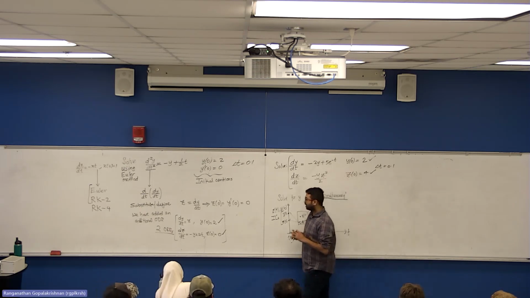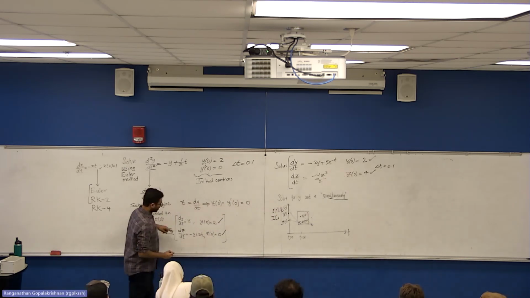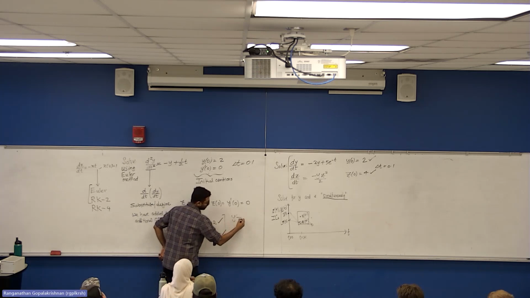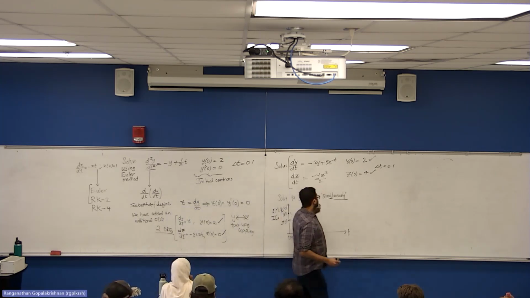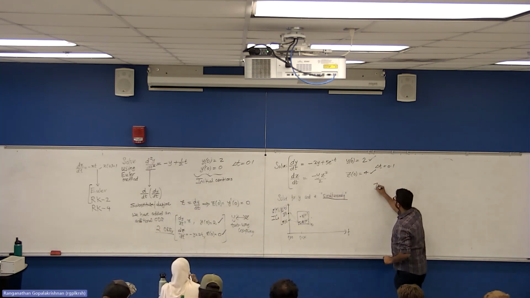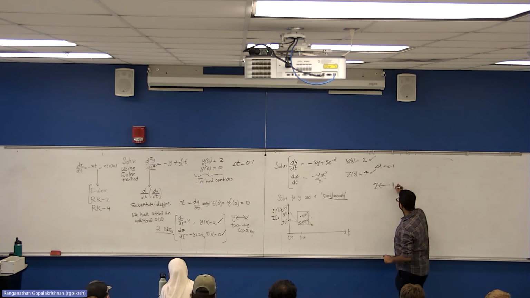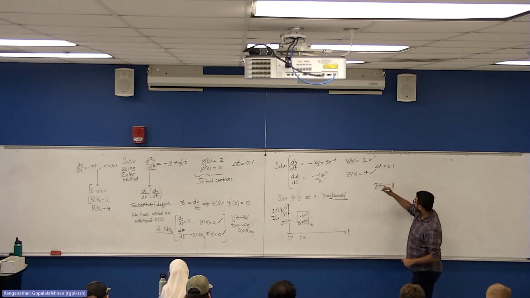Over here, in general, y depends on z, and z also depends on y. So the coupling is two-way coupling. This problem just happens to be a case where z depends on y, but y doesn't depend on z.